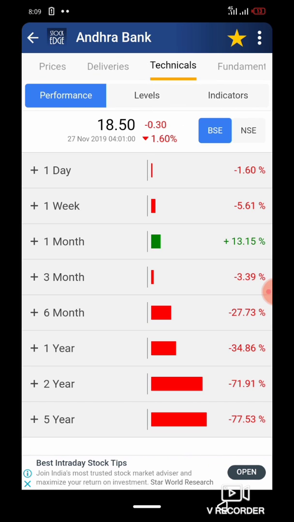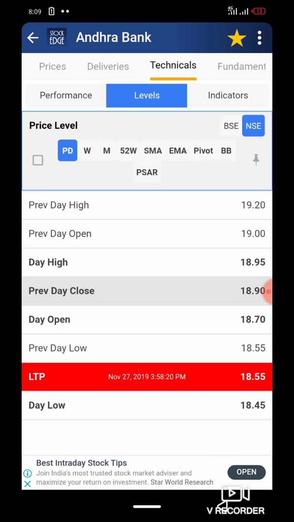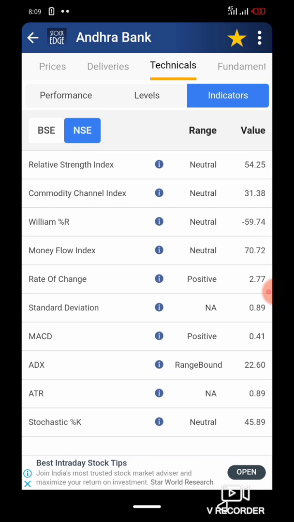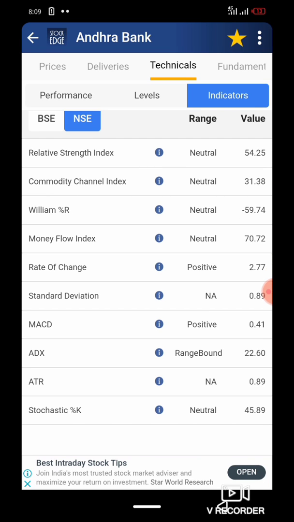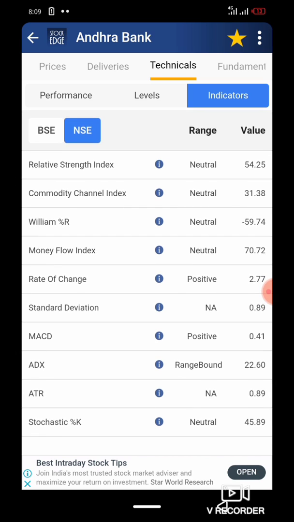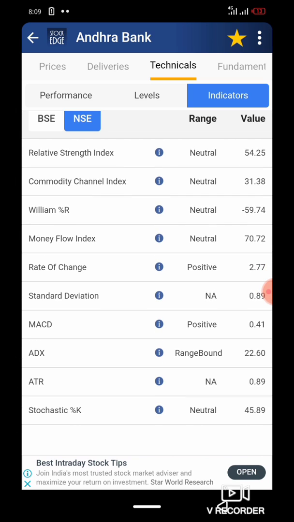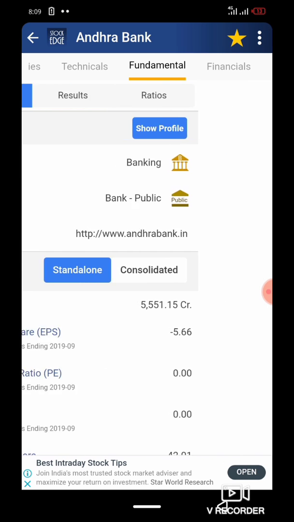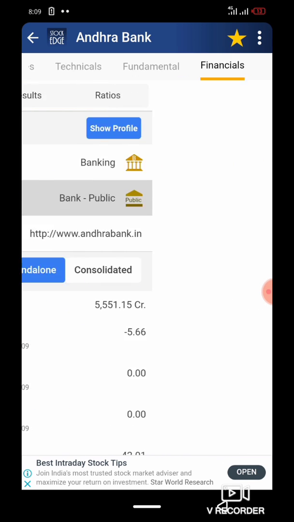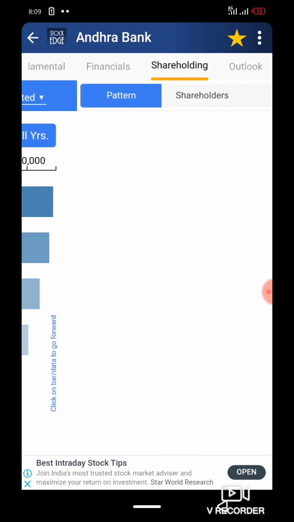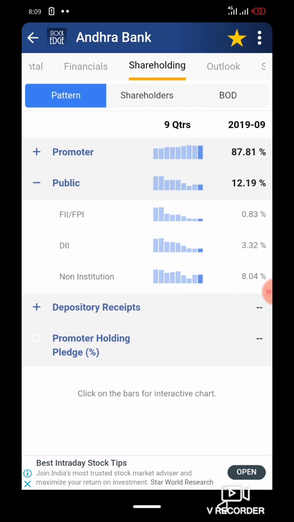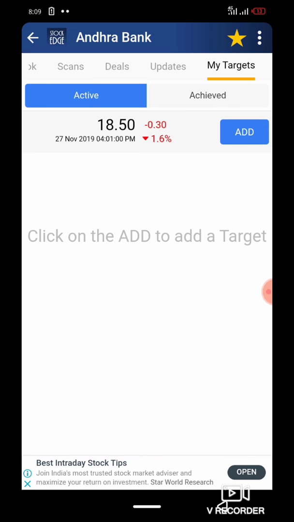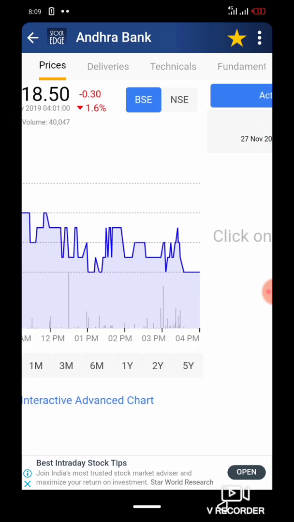And technicals, you can directly see the levels, indicators like RSI and all the stuff, they will also give you the range, and they will confirm it. And fundamentals also you can understand, if you can. And the balance sheets, this is all about the scan, deals, updates, targets. You can put the targets also, and you can see that too.